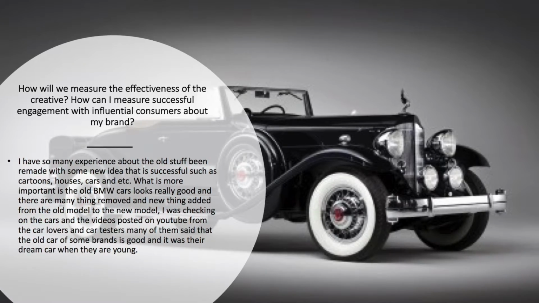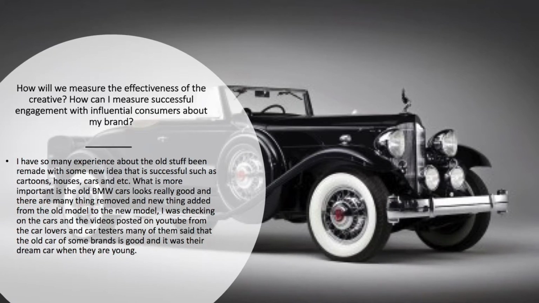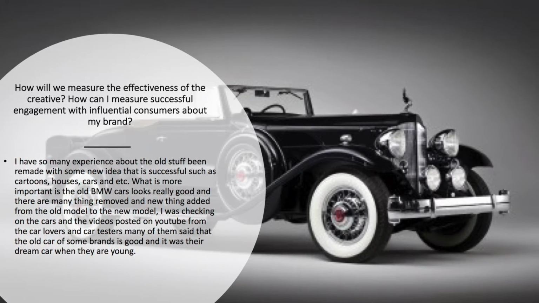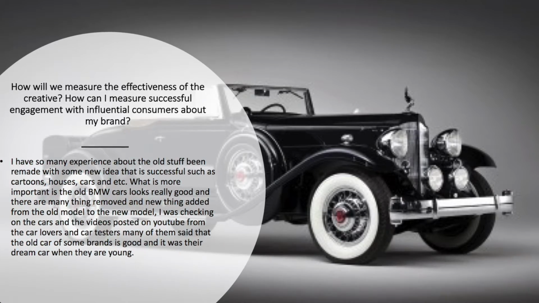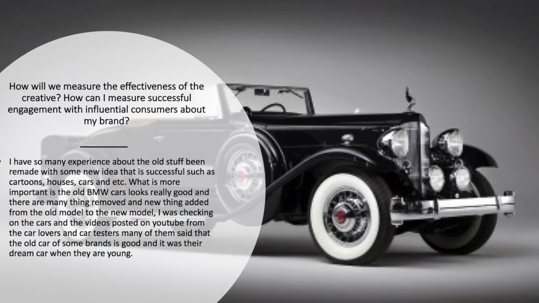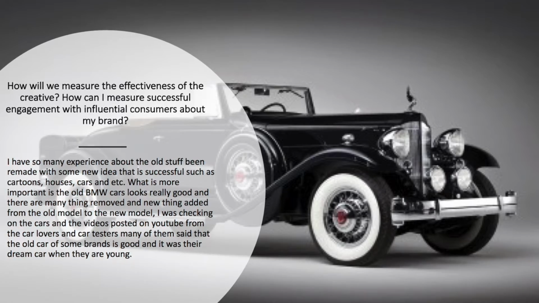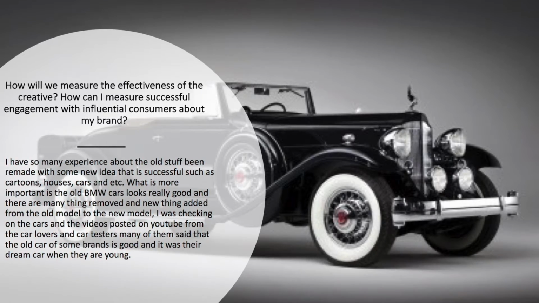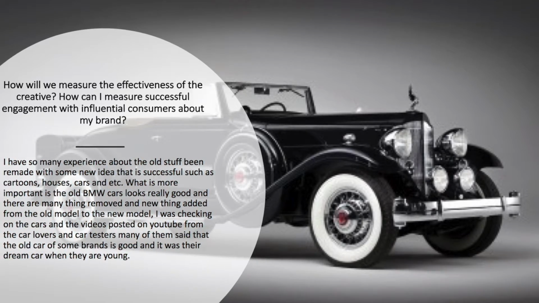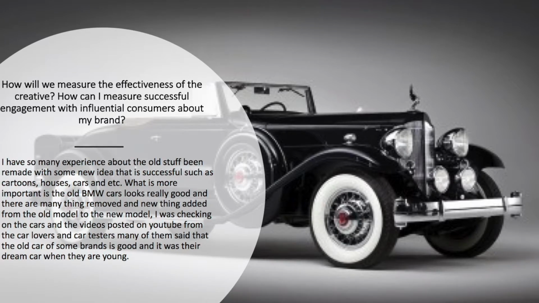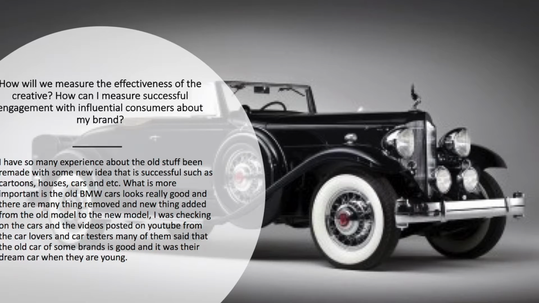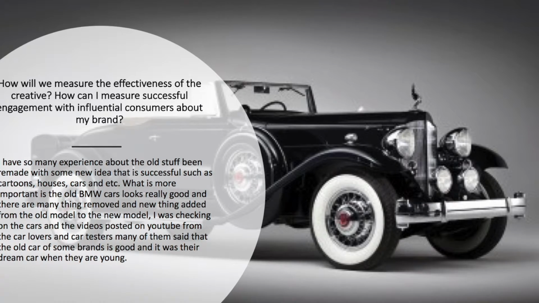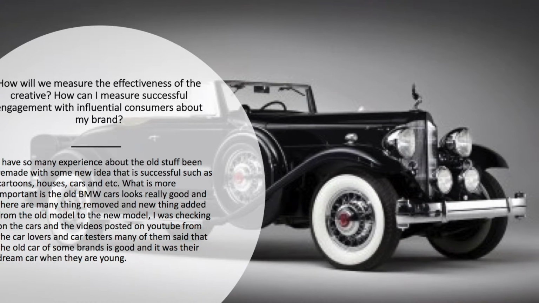What is more important is that the old BMW cars look really good, and there are many things removed and new things added from the old model to the new model. I was checking on the cars and the videos posted on YouTube by car lovers and car testers. Many of them said that old cars of some brands are good and they were their dream cars when they were young.